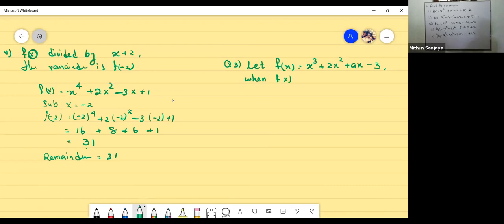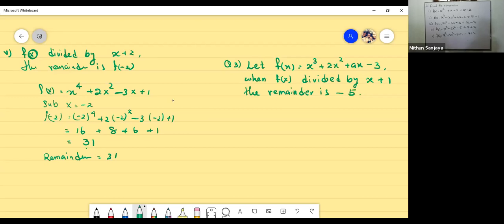When f(x) is divided by x plus 1, the remainder is minus 5.